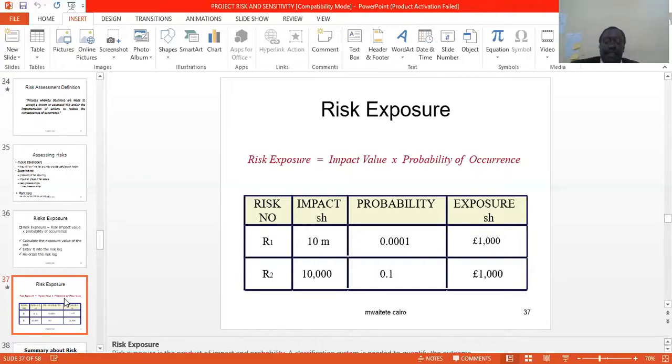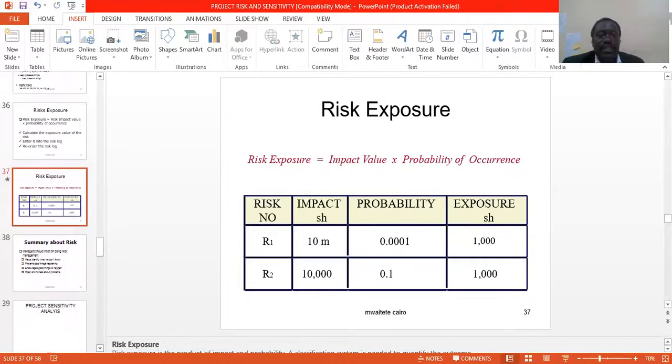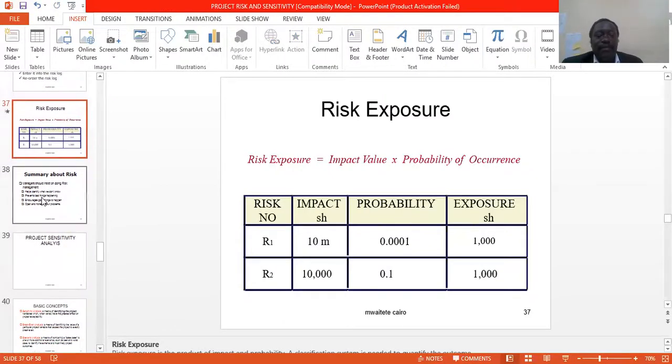So it is up to you to know what is happening in your project and how you level those risks. If you are leveling these risks, you have measured the probability of occurrence. That is important for you to know that you can control these risks, depending on the level of occurrence.